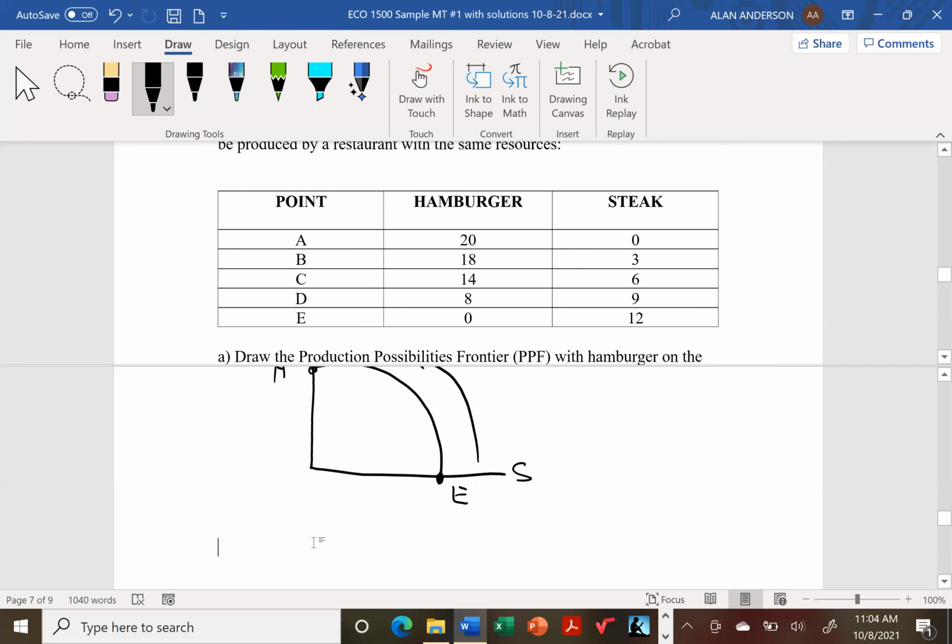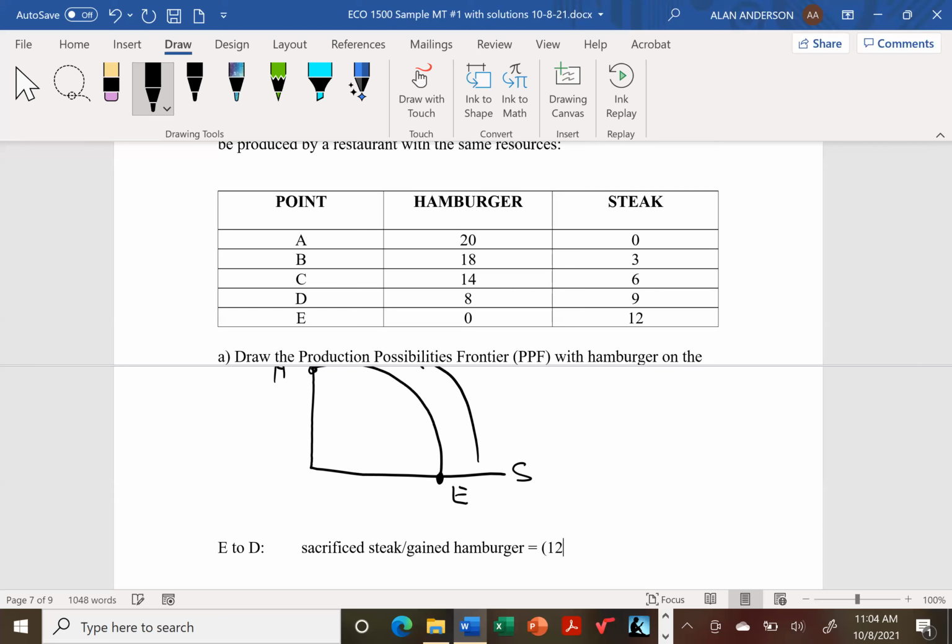I think it's easier to think of E to D, meaning that as I move from E to D, if you look at the chart, you'll see the sacrificed steak over the gained hamburger. So when I go from E to D, I'm losing 3 steaks.